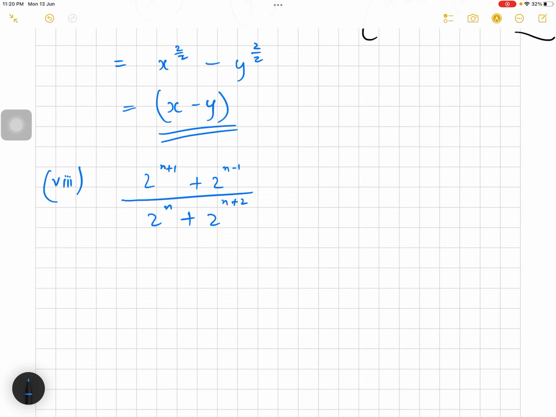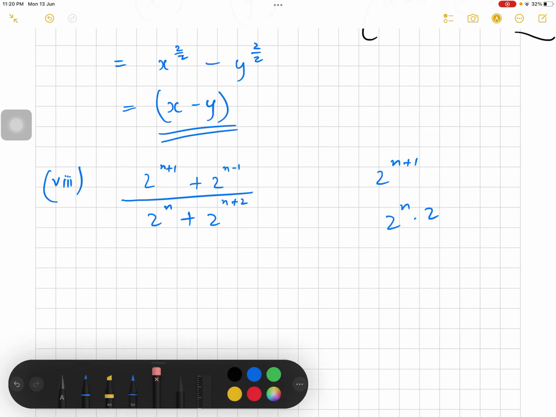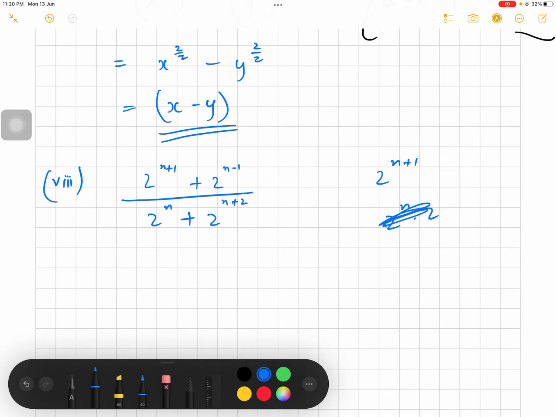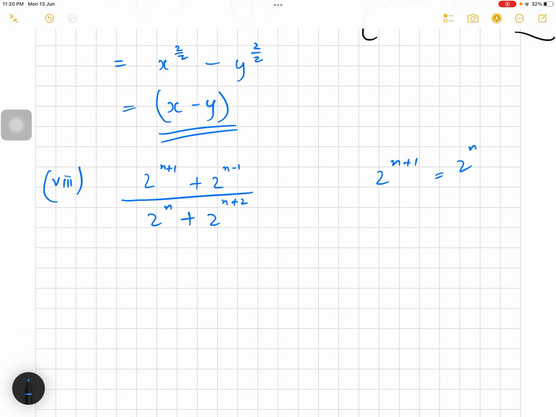Now 2 raised to n plus 1, I can write it as 2 raised to n into 2 raised to 1, or raised to 1 I don't need to write also, right? 2 raised to n plus 1 can be written as 2 raised to n into 2 raised to 1, correct?